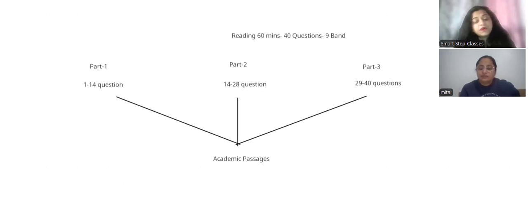And then the third part, 29 to 40, out of 11, definitely there are going to be certain questions which are very confusing. There are definitely going to be certain questions whose answers you won't be able to find, but that is okay. Make sure that you are preparing and appearing in the test in a way that part 1 and part 2 have the maximum correct answers.